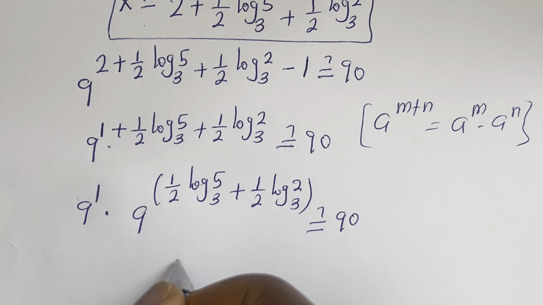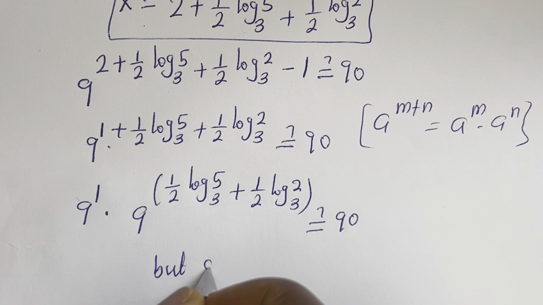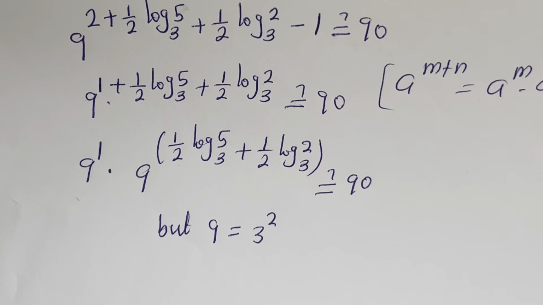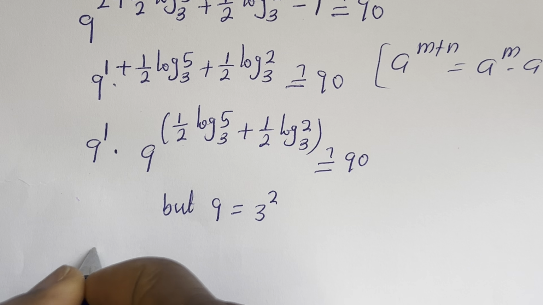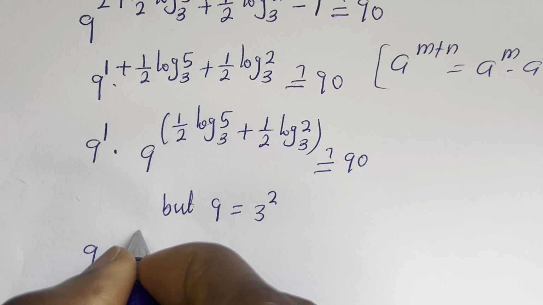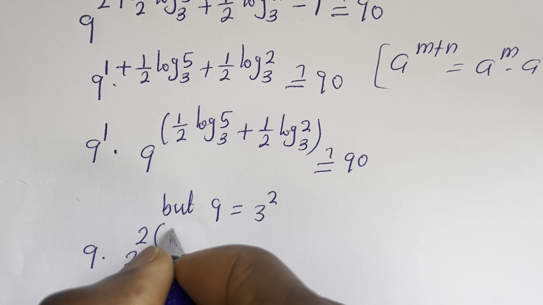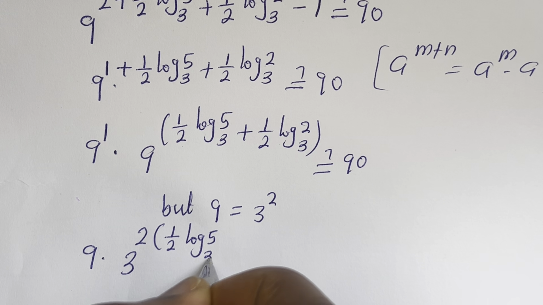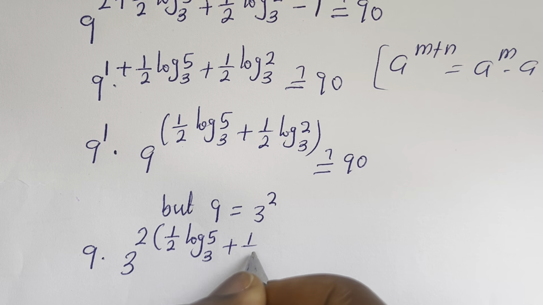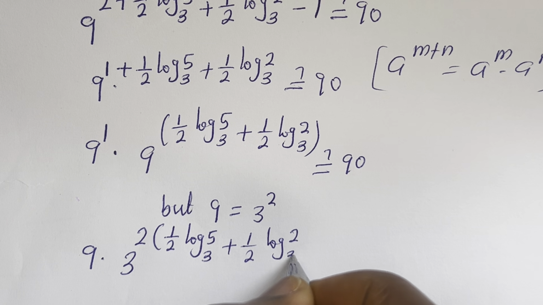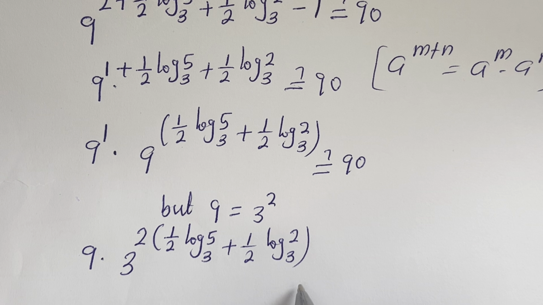Now 9 is equal to 3 squared. So this is 9 multiplied by 3 to the power of 2 bracket 1 over 2 log 5 base 3 plus 1 over 2 log 2 base 3 must be equal to 90.